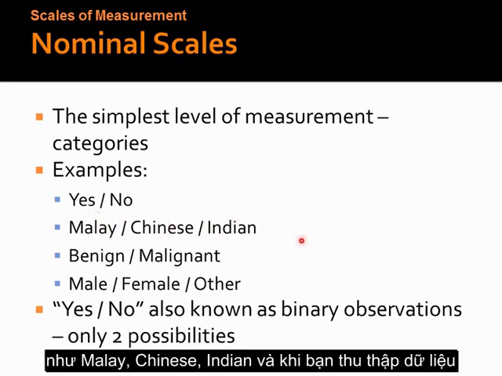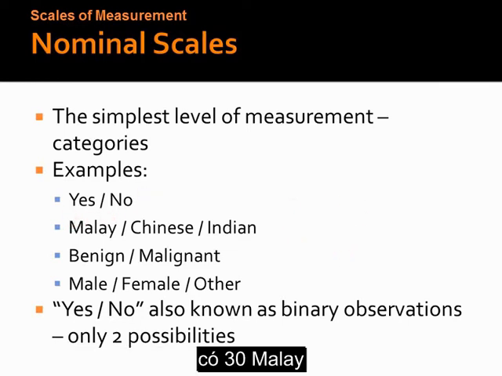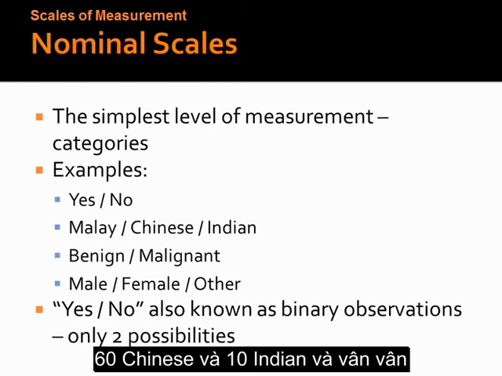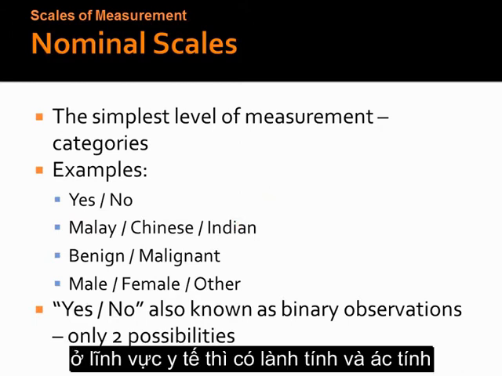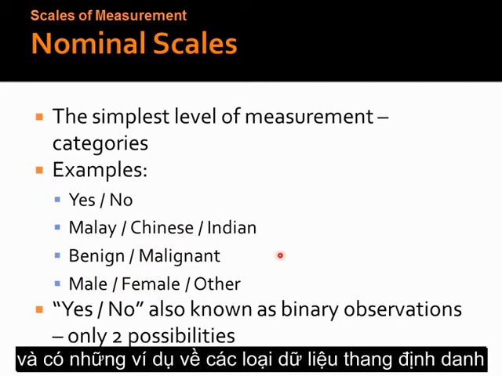When you collect the data, you say, oh, I have surveyed about 100 people, and there are 60 Malays, there are 30 Chinese, and there are 10 Indians, and so on and so forth. In the medical field, they might be benign and malignant, or perhaps male, female, other. So these are examples of nominal scale type data.